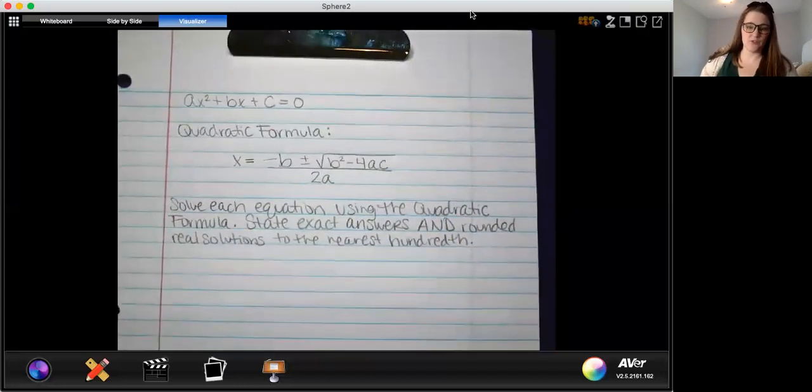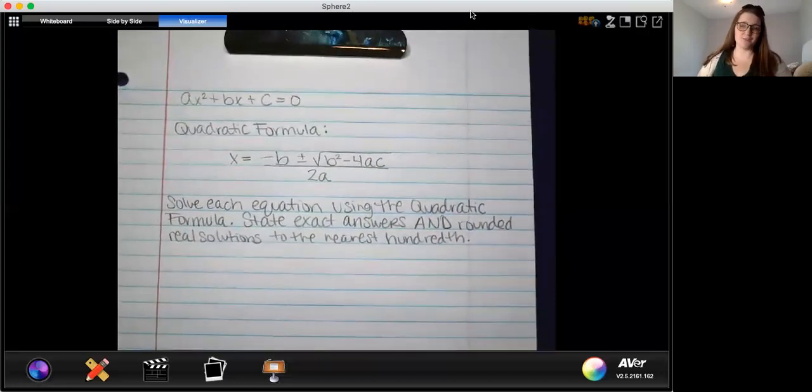Okay, solve each equation using the quadratic formula, so not by factoring like we learned last time. State each exact answer and the rounded real solutions to the nearest hundredth. So you're going to be stating answers in two different ways, the exact answer and a rounded answer.